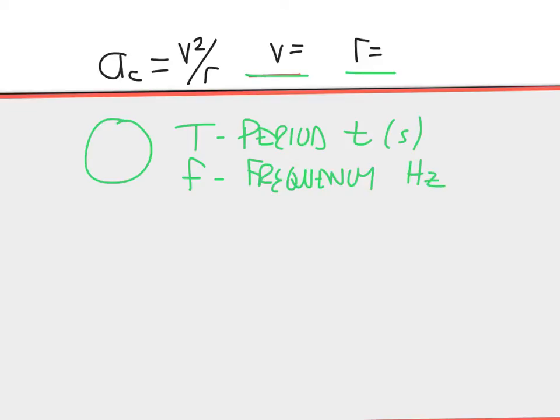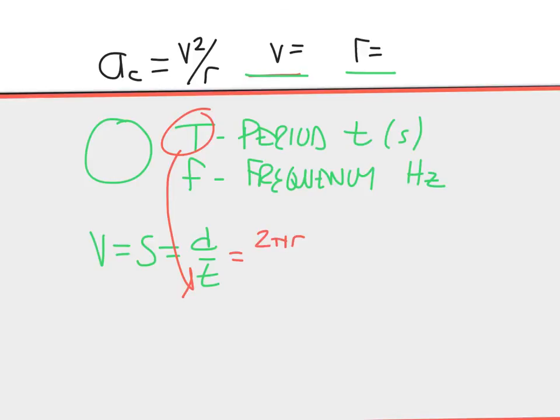And either way, the main idea is that we know that velocity is equal to speed equals distance over time. If you're given the period, then you just put that in for the time, and the distance is 2 pi r over the period.